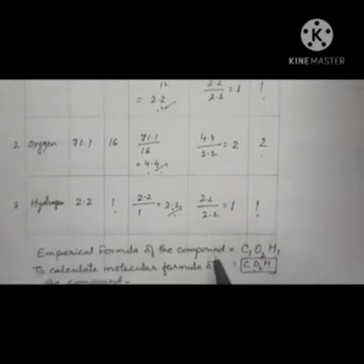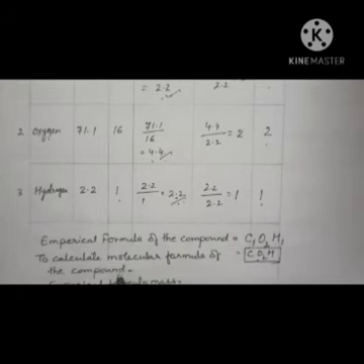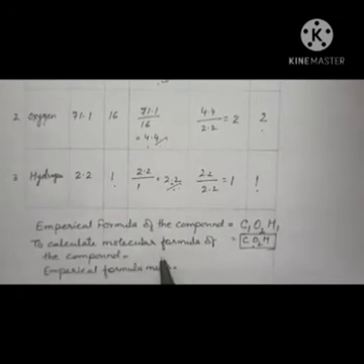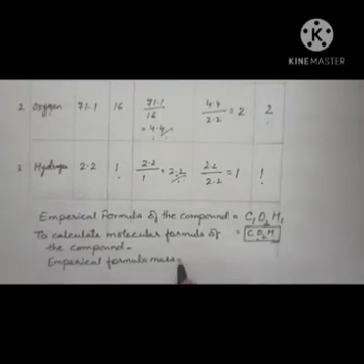Now to calculate the molecular formula of a compound, first you find the empirical formula mass. For that, you write down this empirical formula, CO2H, and put in the atomic masses.